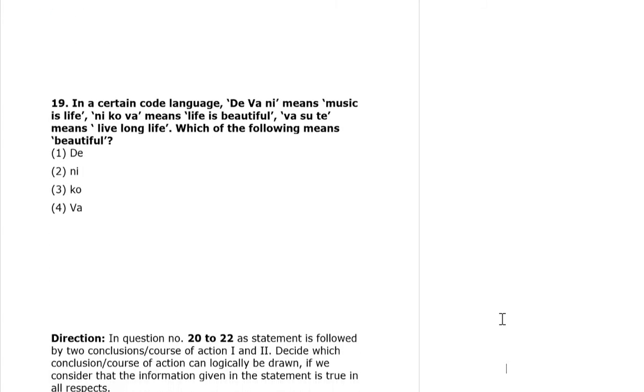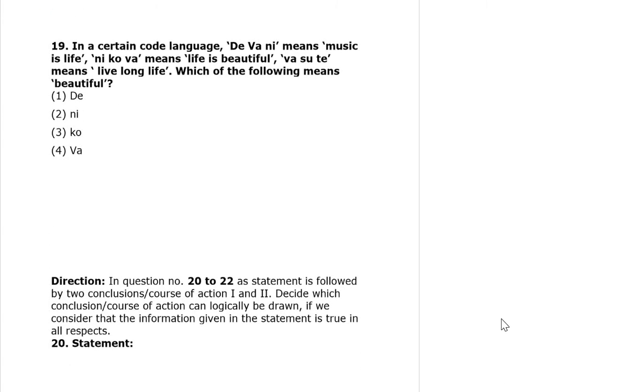In a certain code language, the first code means music is life. So we have to compare these three things. This one means music is life. Second one means life is beautiful. Third one means live long life. Which one means beautiful? So first compare the first two. Music is life. Second, life is beautiful.